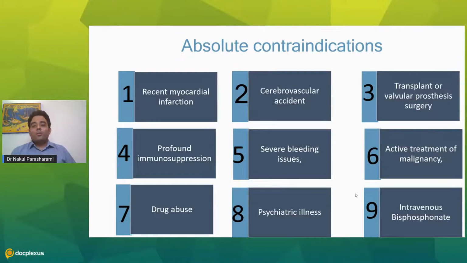It is always better to have a fallback option, or maybe a less invasive option, such as a bridge. If a bridge is not possible, or if it is not possible for the patient to come to the clinic, then giving a removable appliance also works, because doing an implant surgery will not be sufficient. The cost to benefit ratio will be a little skewed in such conditions. Next, please.